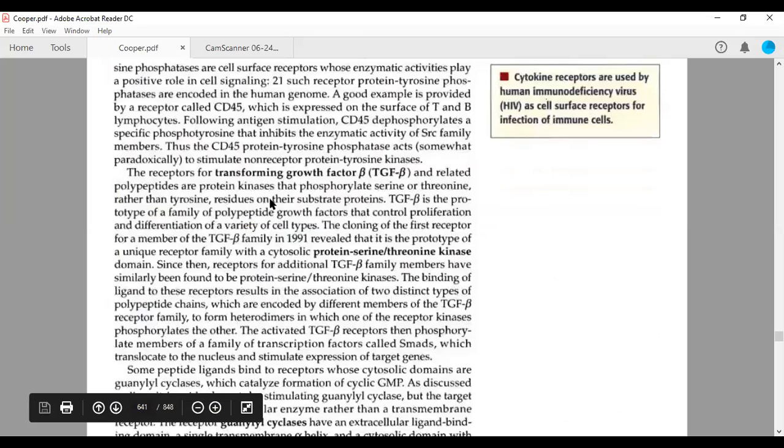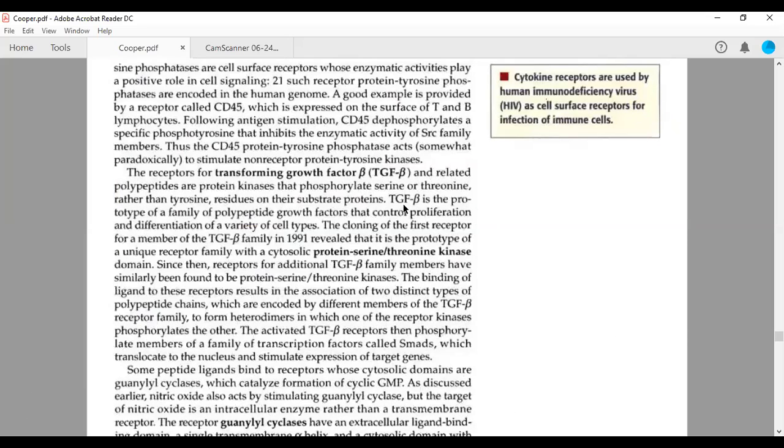Now we will discuss transforming growth factor and its receptor, related polypeptides that are protein kinases. These kinases phosphorylate either serine or threonine rather than tyrosine residues on their substrate proteins.